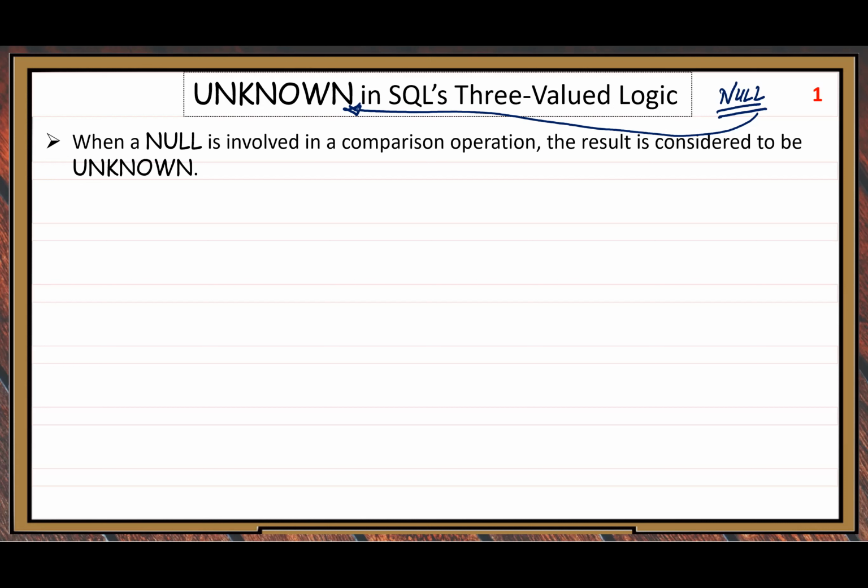True means 100% true. False means 100% false. If you have the situation partial true, partial false, then you should use unknown. So that's the reason we need to use this third value in the logic.